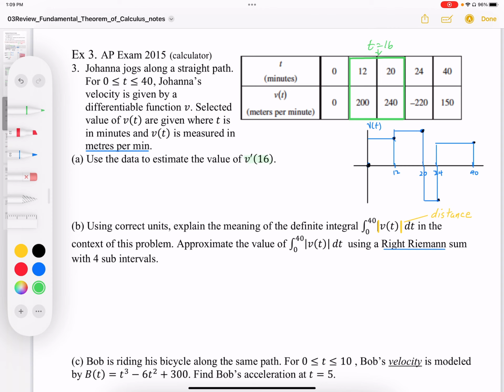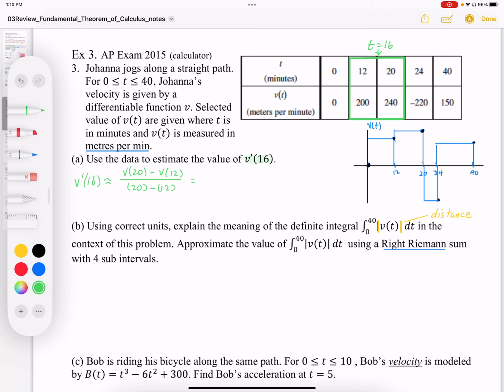So v prime of 16 is approximately equal to v at 20 minus v at 12 over the time interval 20 minus 12.